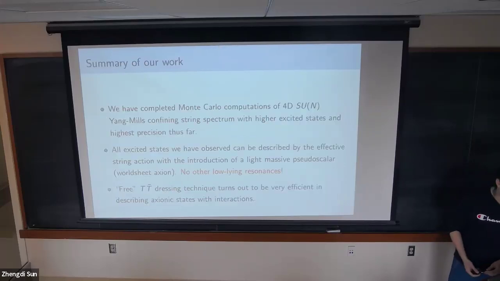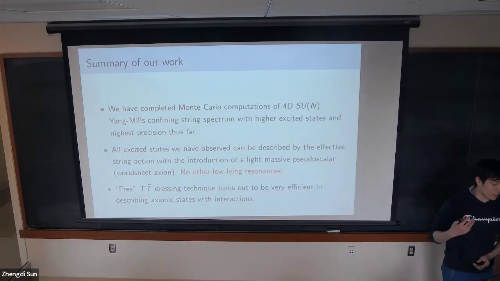So let's see a summary of this work. Firstly, from the lattice data part, we have completed the Monte Carlo computations of the 4D SU(N) Yang-Mills theory, the excited confining string spectrum in that theory, with the highest precision thus far.